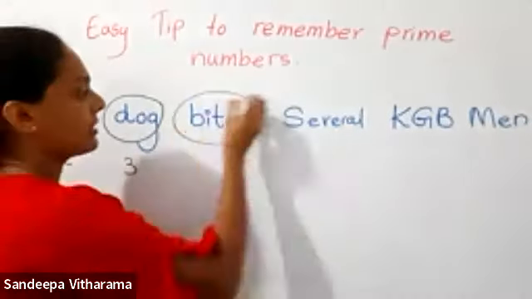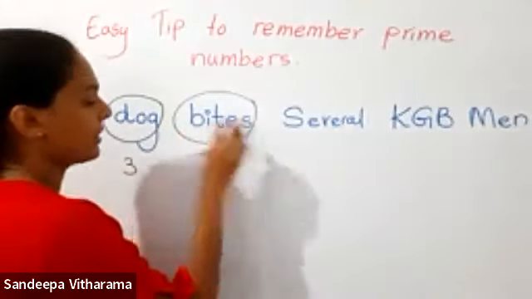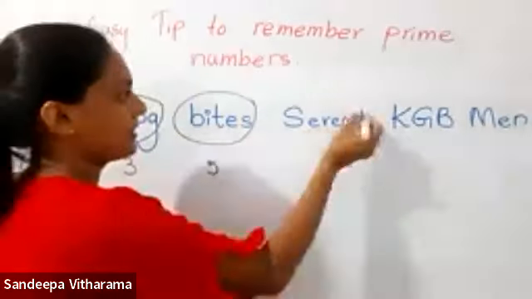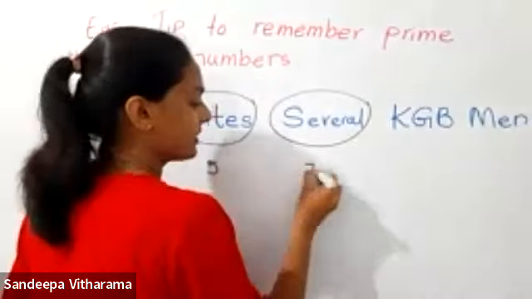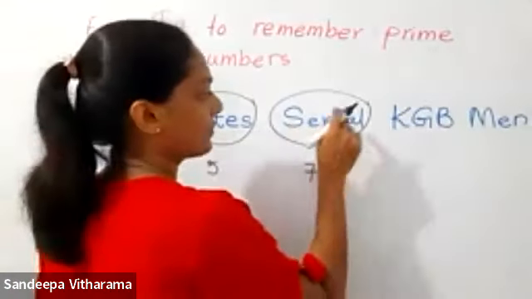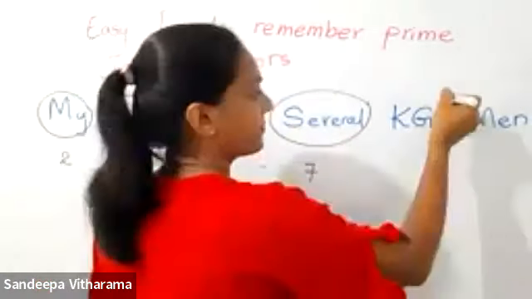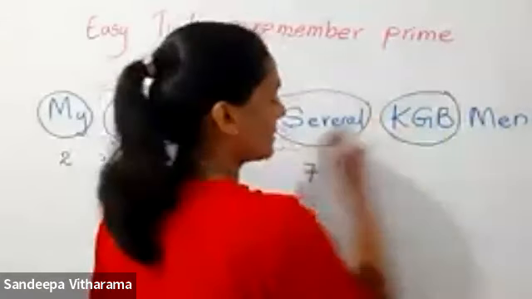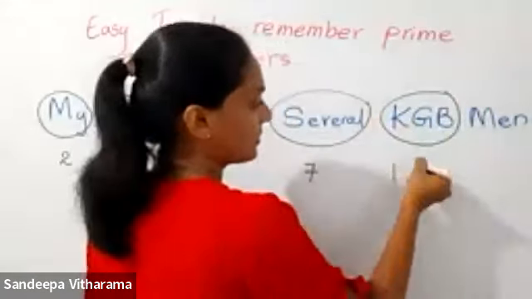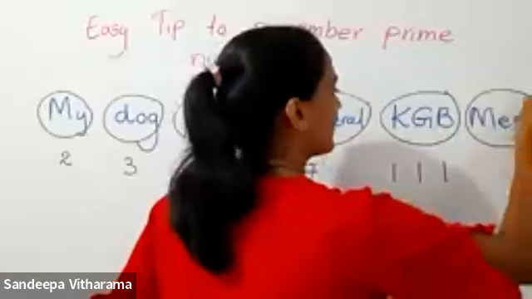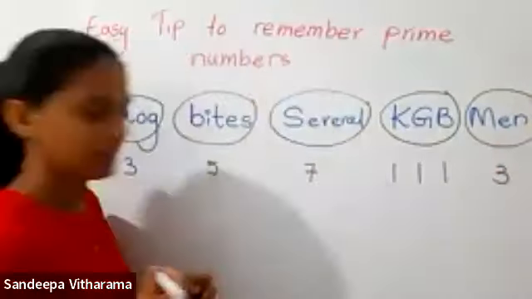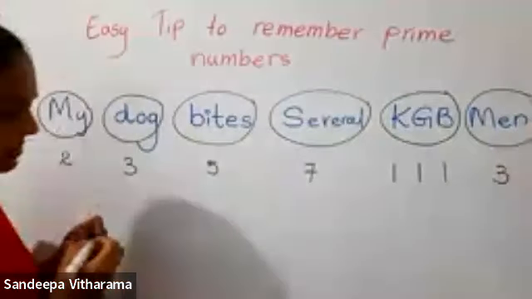Bites has 5 letters. Several has 7 letters. Here we consider it like this: KGB has 1, 1, 1, and men has 3 letters.